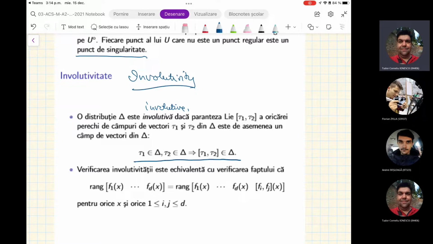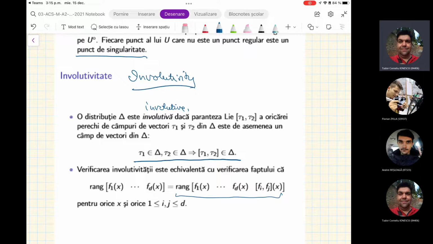This is also the rank of the matrix where you take all the Lie brackets between fi and fj, with indices i and j between 1 and d.